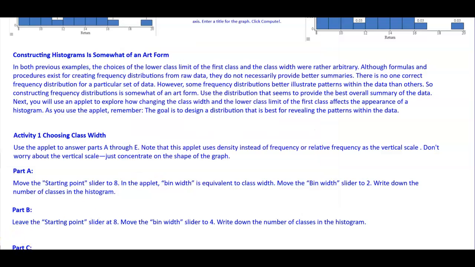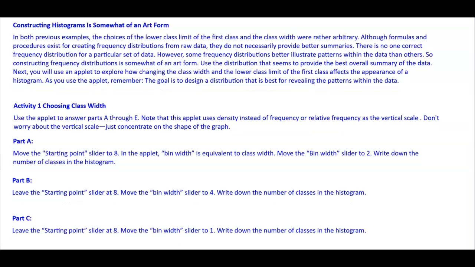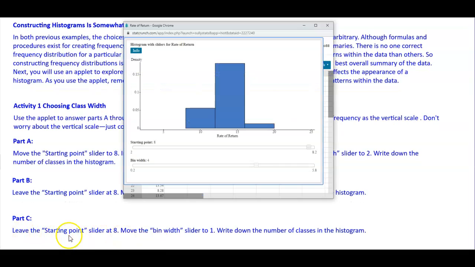Okay, now let's go down to part C. Okay, so for part C, it's asking us to leave the starting point slider at 8, which we're going to leave at 8, and now we're going to move the bin width slider to 1. So we're going to go all the way down here to where the bin width is 1. Okay, now we're going to write down the number of classes in the histogram. Well, this class is going from 8 to 9. So you can see the bin width is 1.